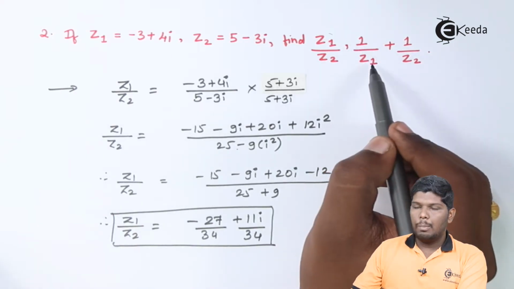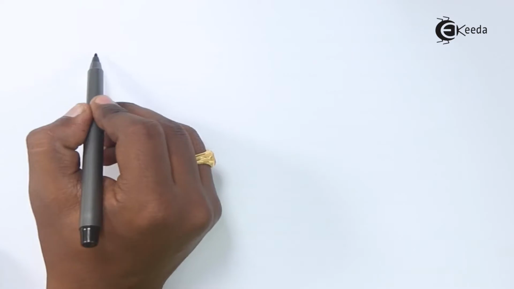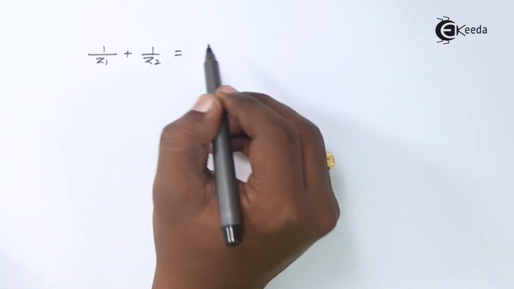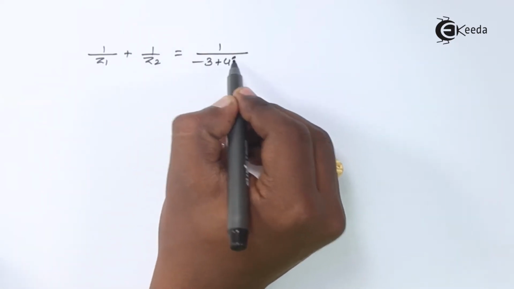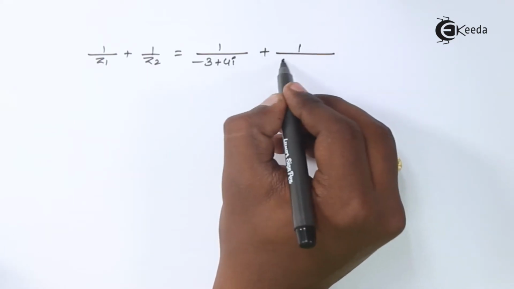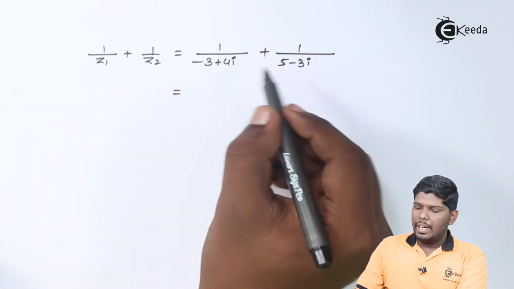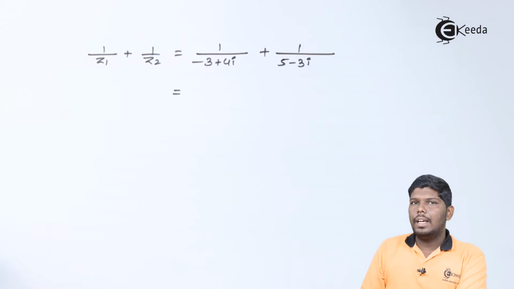Now let us find 1 upon z1 plus 1 upon z2. For that, we can first solve these two fractions by cross multiplication.